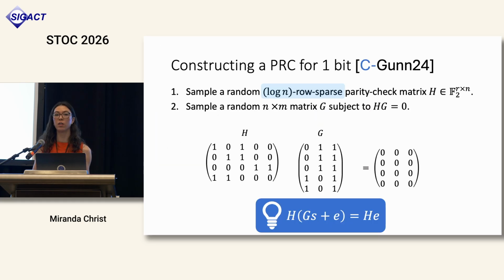Another thing I'll note is that if we want to invoke LPN, which only tells us about random linear codes, then we'll need to show that G sampled in this way is random. We showed that if G is narrow enough, then it's in fact statistically close to random.